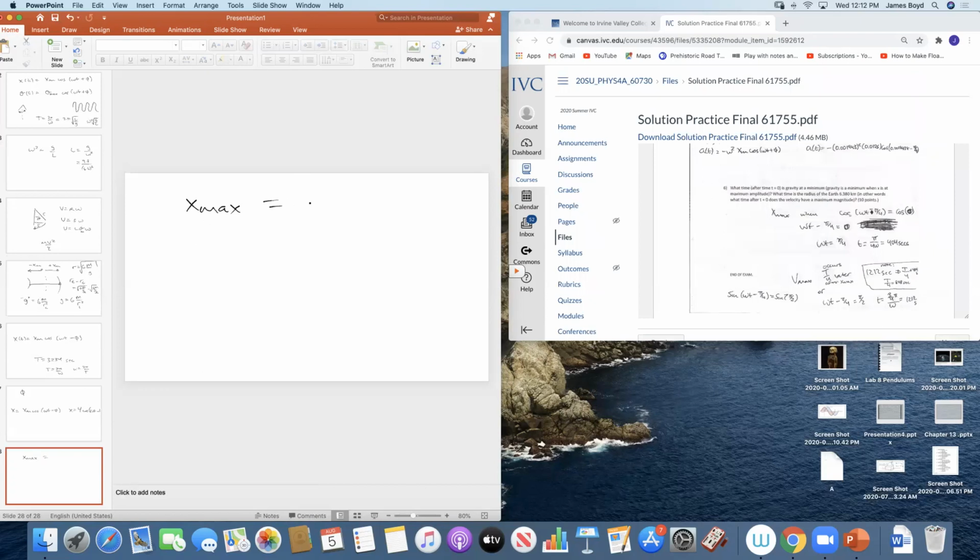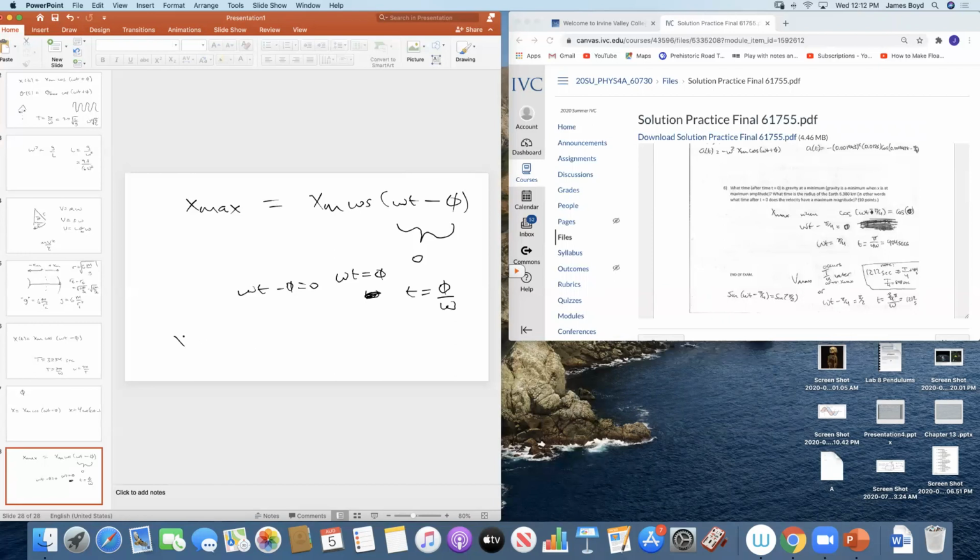So when X max is equal to xm cos(omega t minus phi), this occurs when this is equal to 0. If omega t minus phi is equal to 0, then omega t is equal to phi and t is equal to phi over omega.